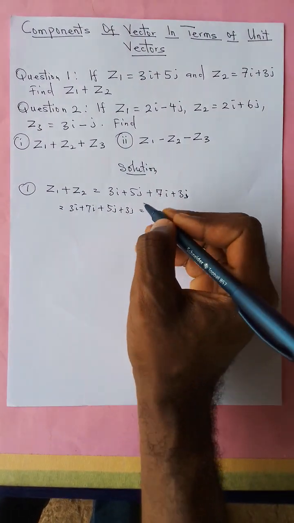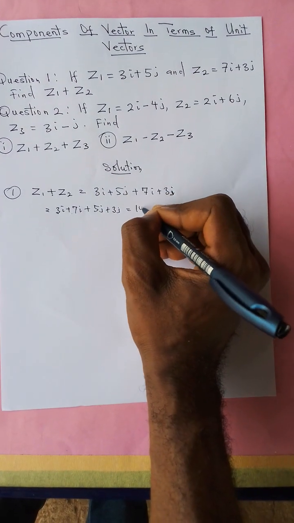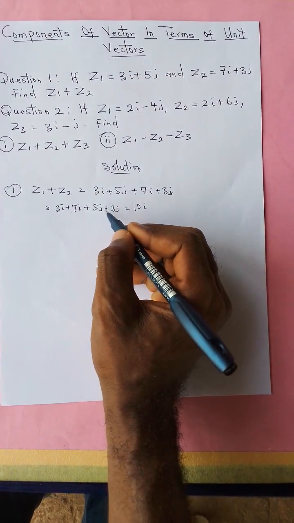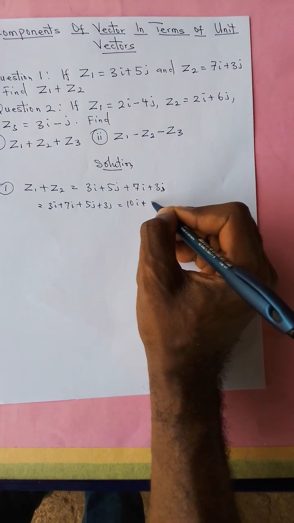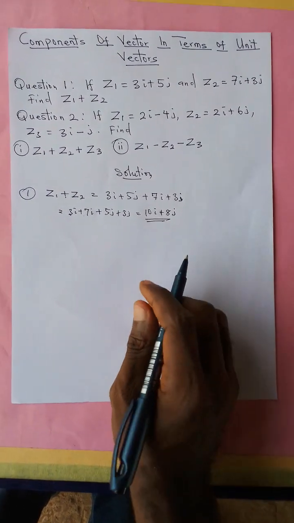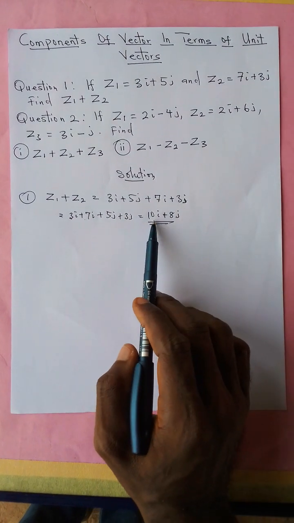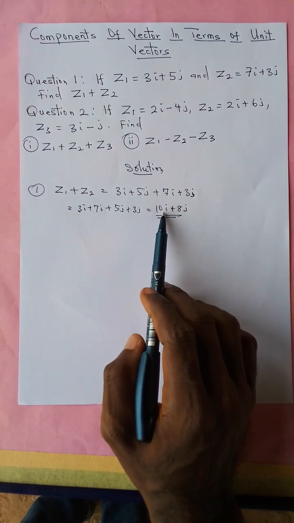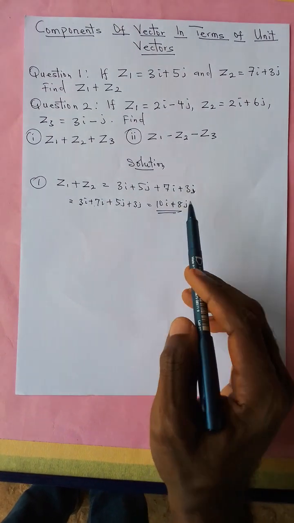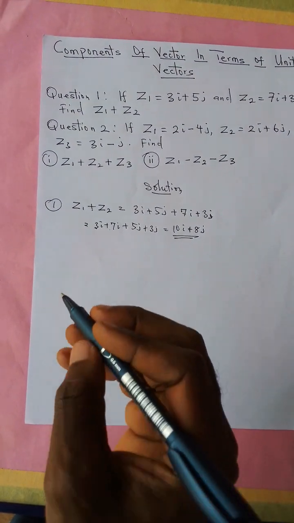So this is going to give us 3i plus 7i, that will be equal to 10i. Then 5j plus 3j, that will be equal to plus 8j. And that is our answer. So we cannot add 10 to 8 because these are two different unit vectors. i and j are not the same. So that's our answer in question number 1.